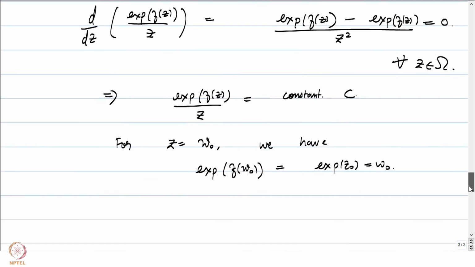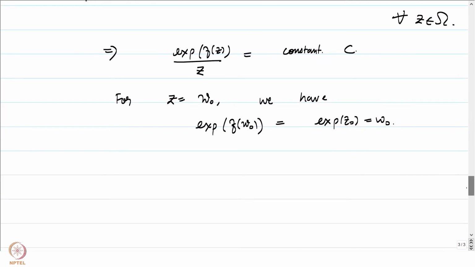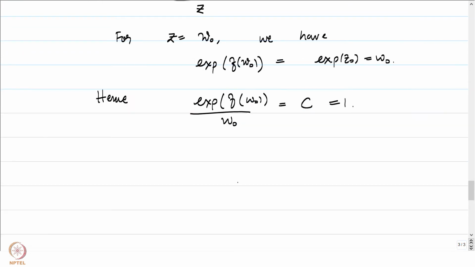Yeah, this is right. So exp of z0 is equal to w0, and hence c, which is exp of f of w0 by w0, is going to be equal to 1. And so what we have arranged for is a function f on the domain omega, which satisfies the condition that the exponential of f of z is equal to z.